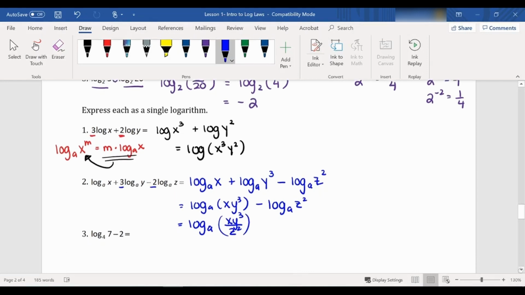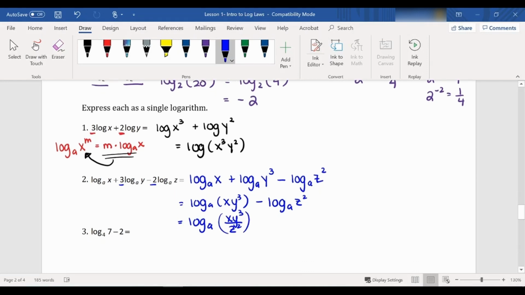Again, we can't evaluate. We have no numbers here. Okay, we're going to leave it like this. This is a single logarithm. You could have gone straight from this first line we wrote straight down here. That would have worked as well. You don't have to go in 2 steps. If you want to jump straight to that end bit, you can.